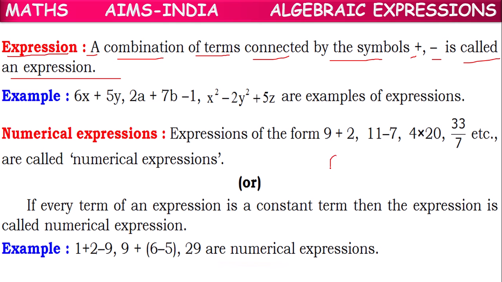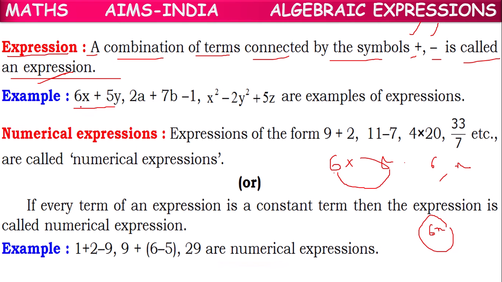Terms mean numerals or literals combined by the multiplication symbol, like 6 into x; 6x is considered a term. But in an expression, the terms should be combined either by the plus symbol or the minus symbol, or they can have both symbols at a time. So that is called an expression.